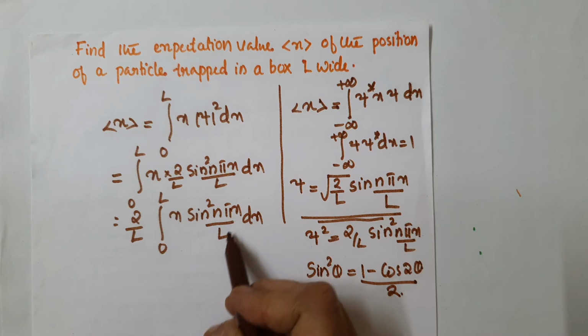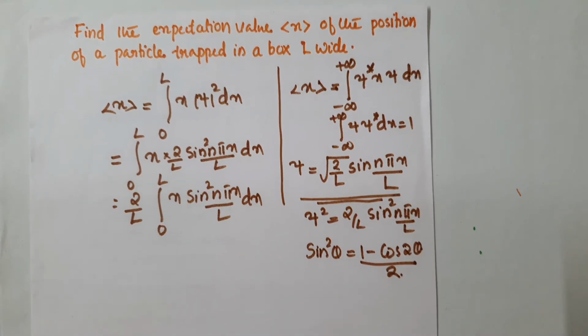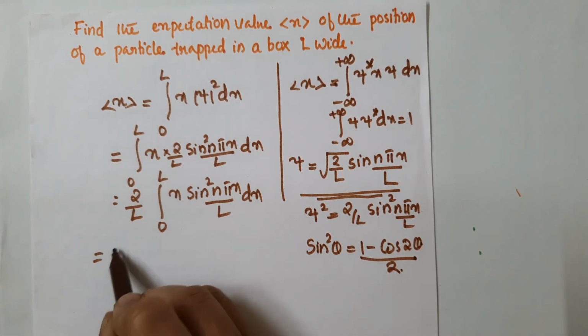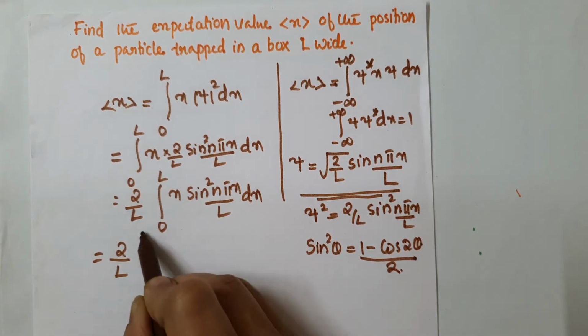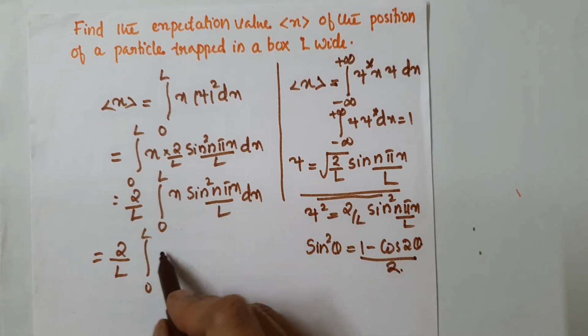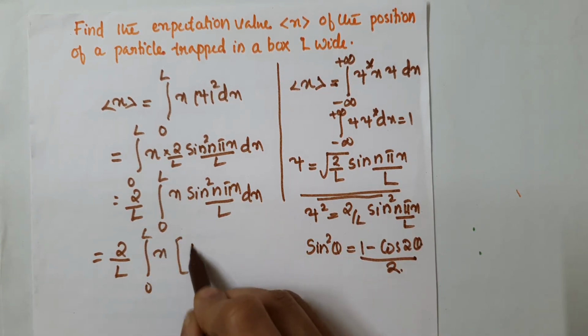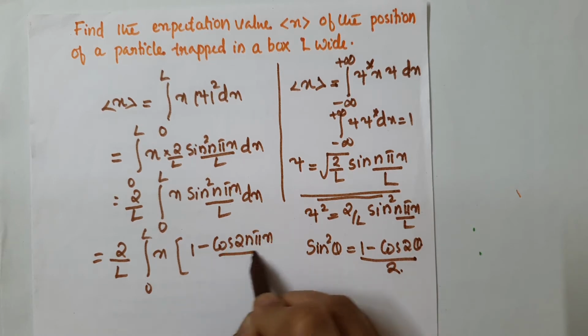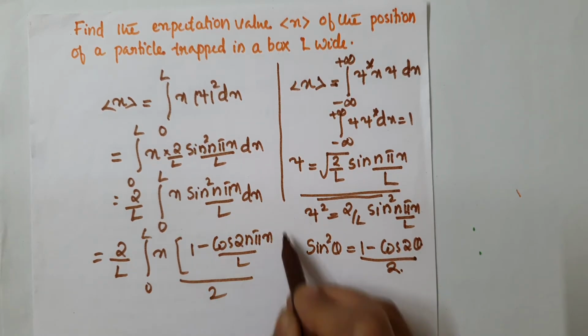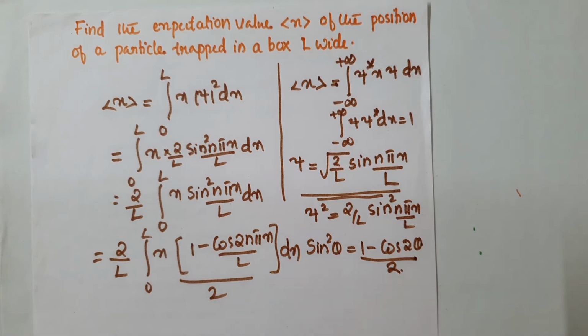Therefore, sin square n pi x by L is 1 minus cos 2n pi x by L divided by 2. So 2 by L integral 0 to L x into 1 minus cos 2n pi x by L, the whole by 2, into dx.